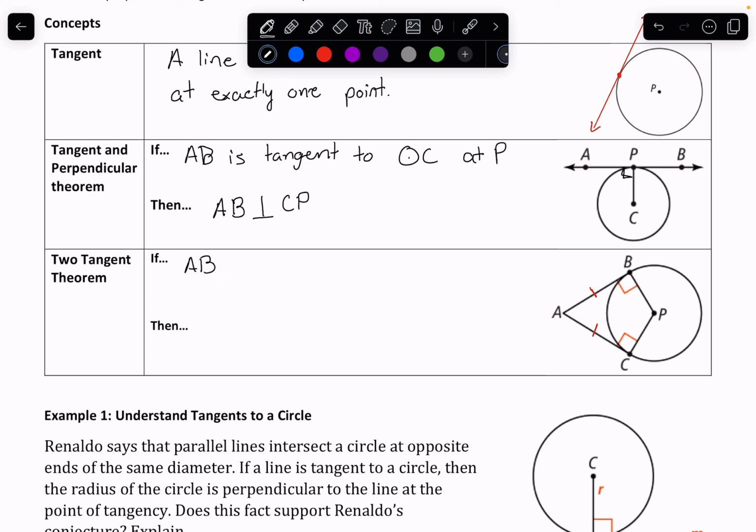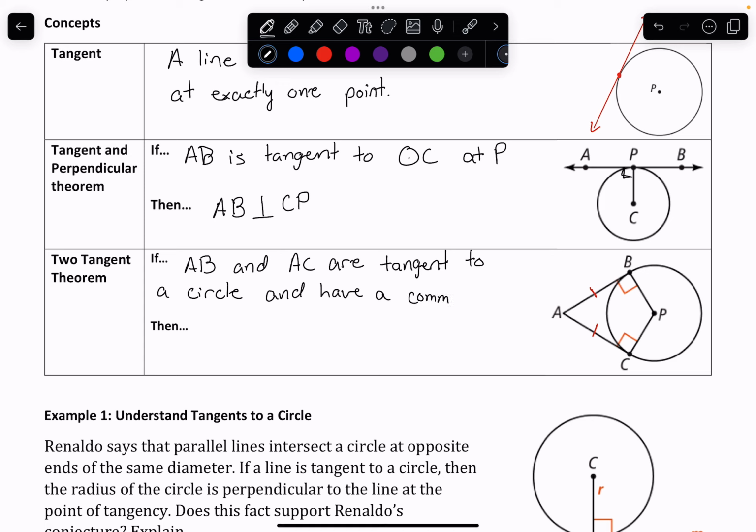If AB and AC are tangent to a circle, and have a common endpoint, like where they both end at A, then AB is congruent to AC, and that can help us to find some more information as well.